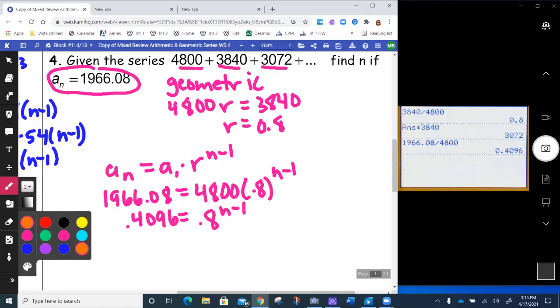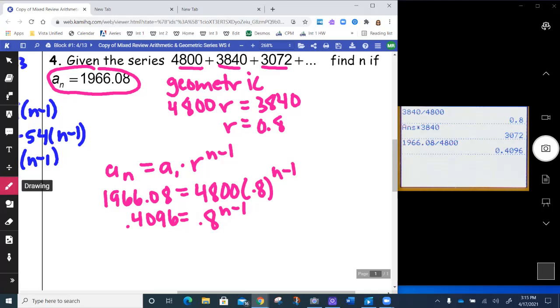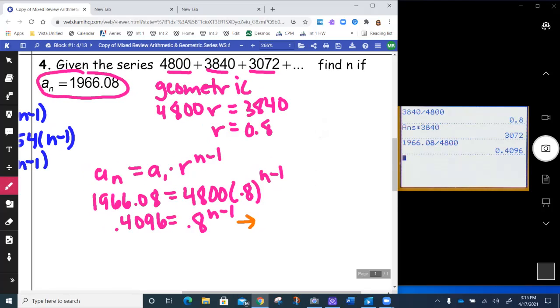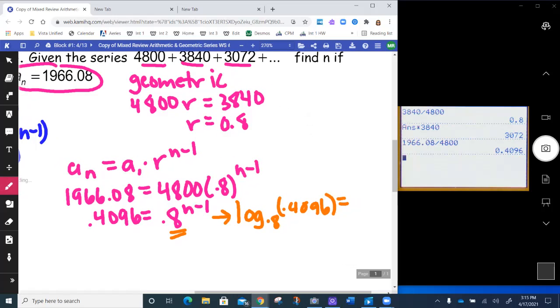So I'm going to show us how to do it by changing it to logarithmic form. So to write this as a logarithm, this is going to be log, and this is my base. Okay, so log base 0.8 of 0.4096 equals always our exponent. And so our exponent is n minus 1.